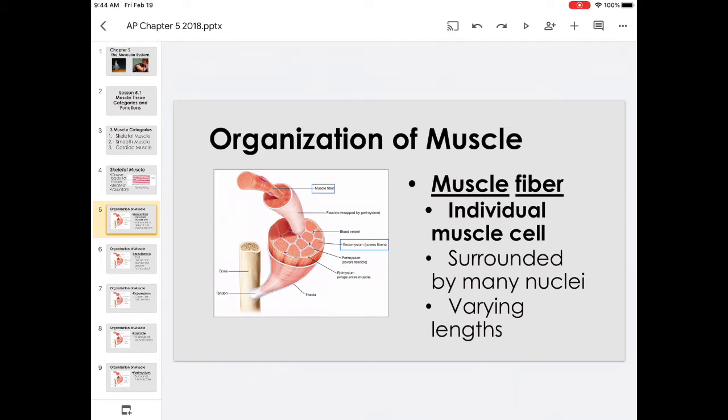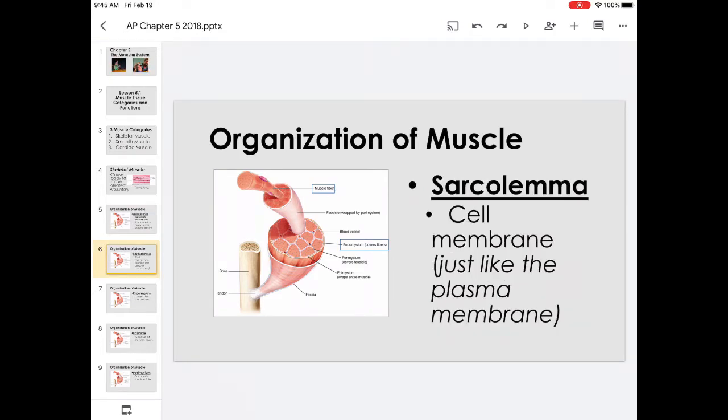These little blobs are your nuclei that make up the muscle fiber. And then obviously, like I said, they do run the entire length of your muscle. So depending on how big your muscle is, they can either be shorter or longer. You have different lengths of muscle fibers that go through your body depending on the location.